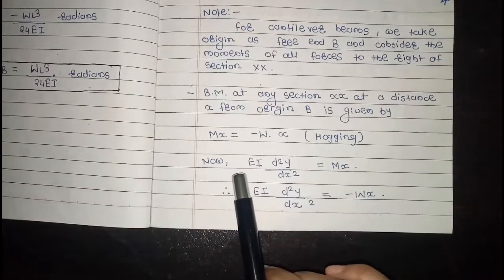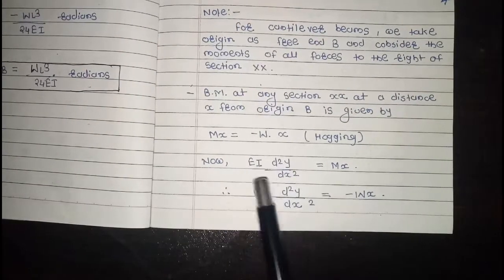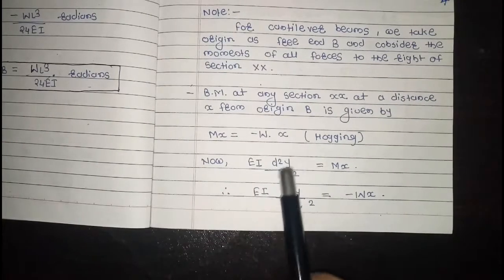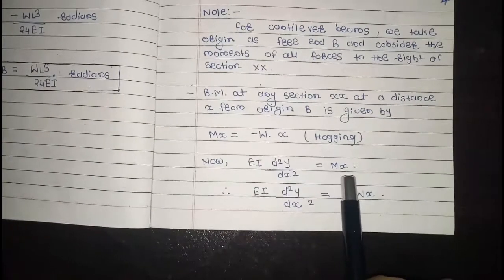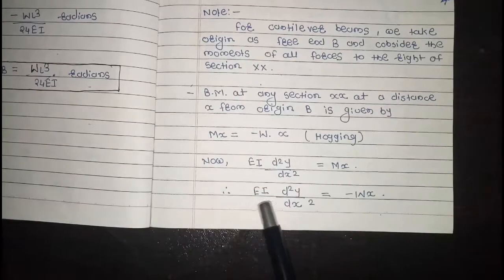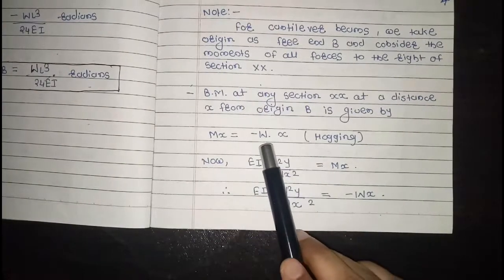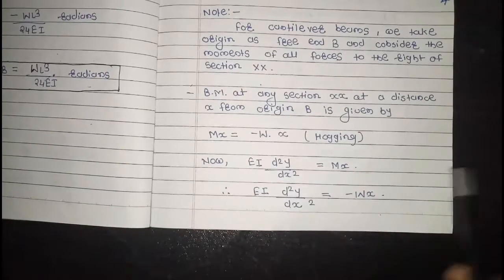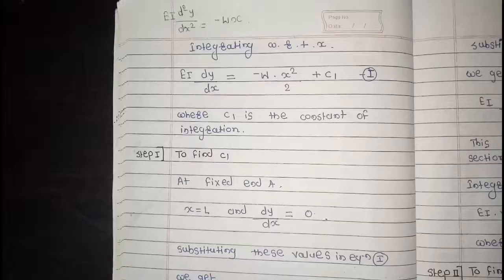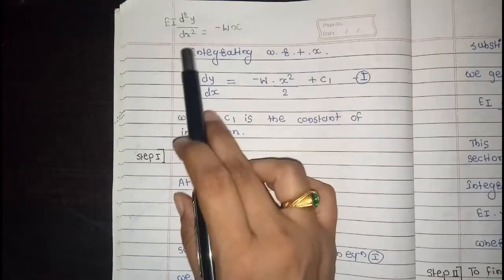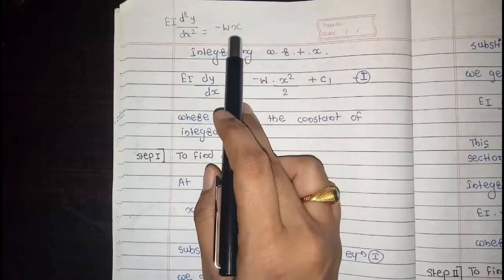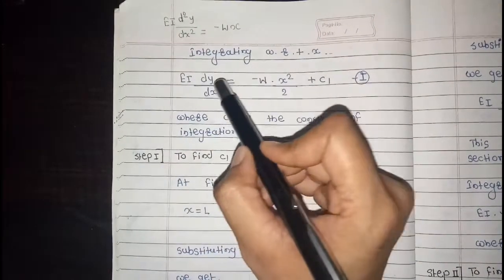Now, the governing equation of slope and deflection: EI d2y by dx square is equal to Mx. Put the value of Mx as minus W into x, so EI d2y by dx square is equal to minus W into x.